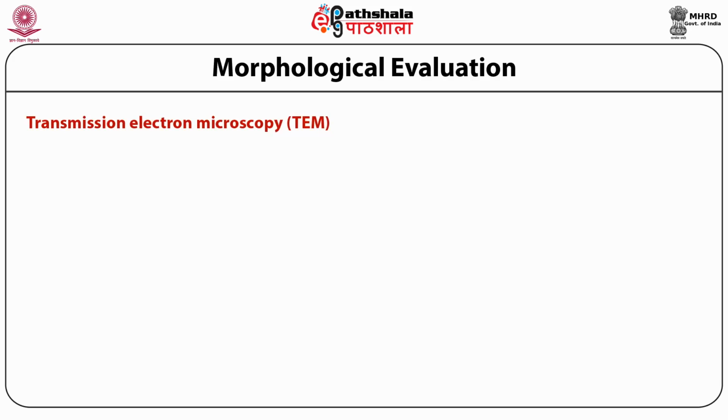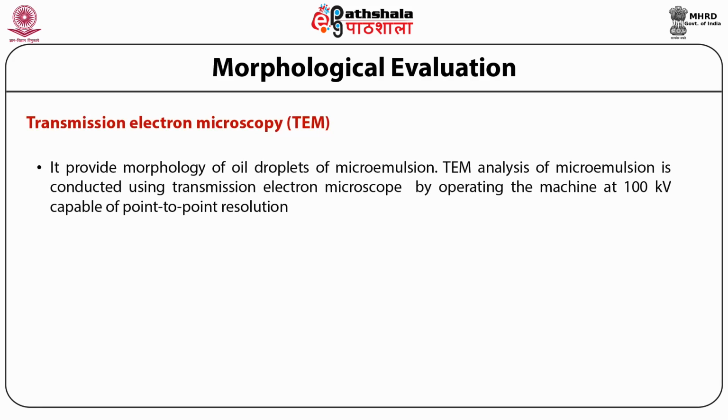This TEM analysis is conducted on the microemulsion to determine the shape of particles and droplets, and it can be conducted at higher resolution and gives a point-to-point correlation between the droplets of the microemulsion.